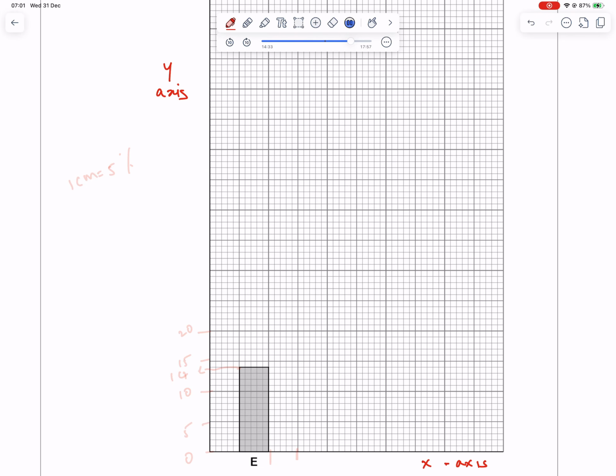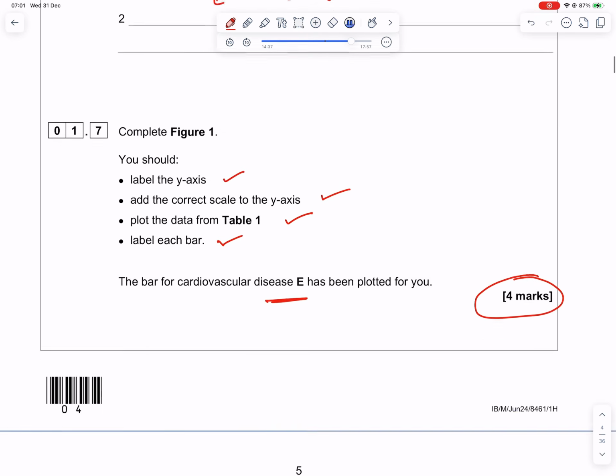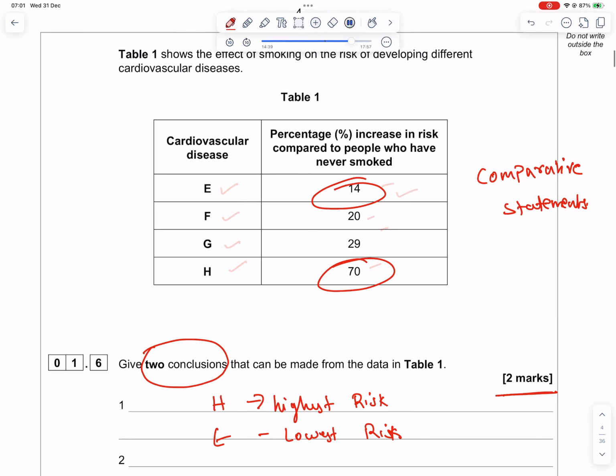Now, for us to look at the y-axis scale, let's look at the figures here. A couple of them are 20 and 70, and the rest are the numbers 14 and 29. So when we look here, the best thing to get in our range of percentages is a minimum of 14% to a maximum of 70%.